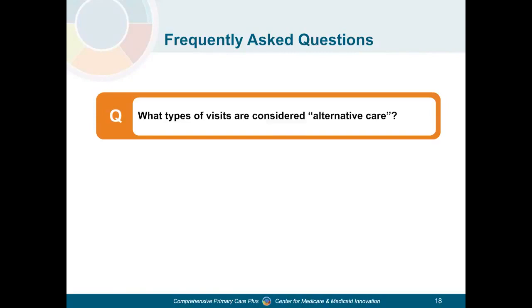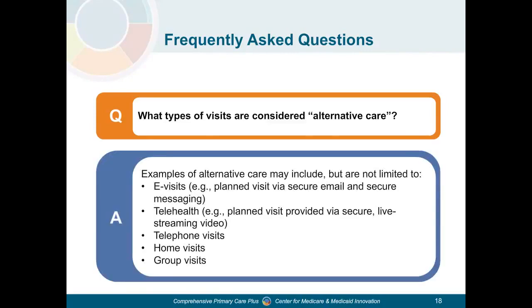So what types of visits are considered alternative care? This is another thing that we saw regularly on CPC Connect, at learning sessions, at virtual sessions. So I'm actually going to read this one out. Examples of alternative care may include, but are not limited to, e-visits, telehealth, telephone visits, home visits, and group visits.